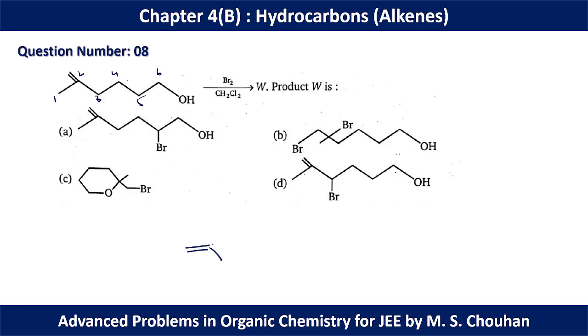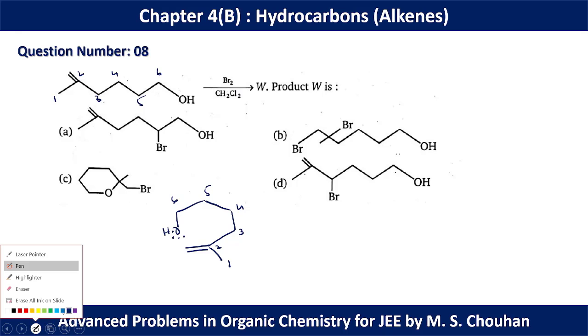We have 1, 2, 3, 4, 5, 6 carbon in the longest chain. Again we have an OH like this.